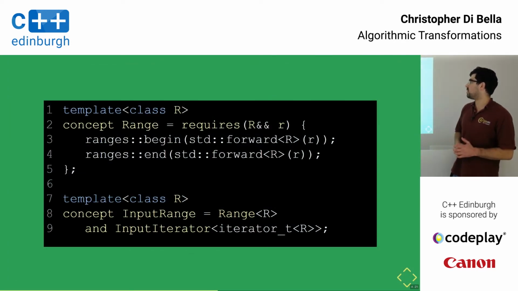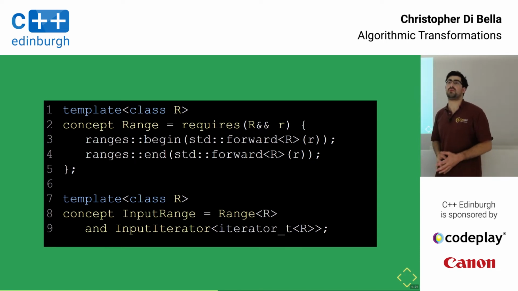And from this, we can now define a range. So a range is a type that represents a sequence of elements and has a beginning and an end. And so what happens is if we call begin, then it returns an iterator to the first element in the range.